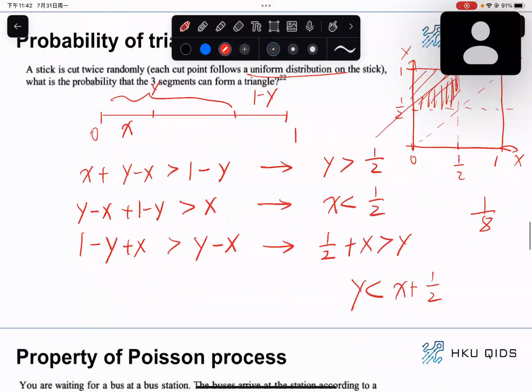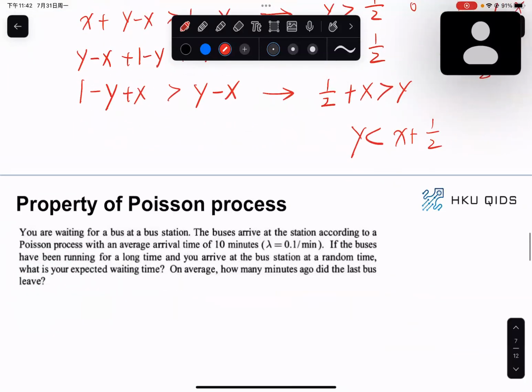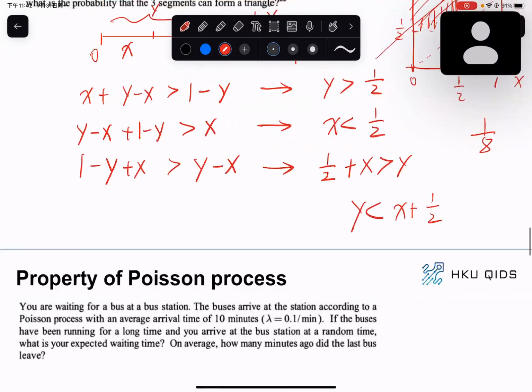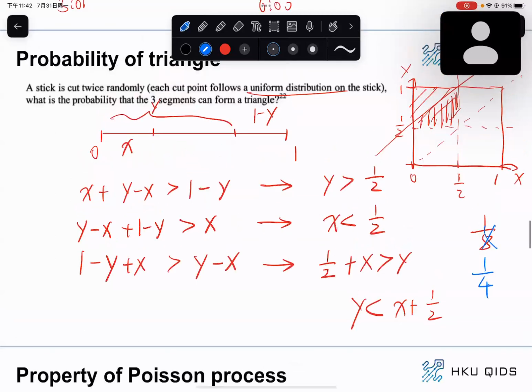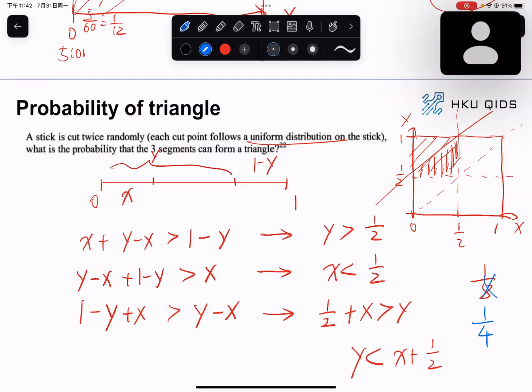So now let's go to the next question. But, oh, sorry. Actually, the result is not just 1/8. This is wrong, okay? This should be 1/4. Why is that the case? Which part did I miss?